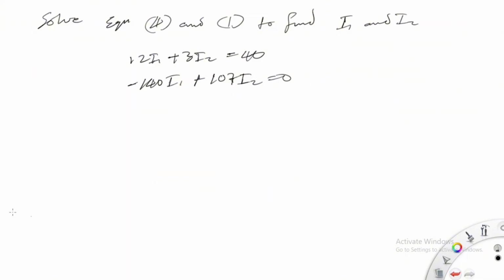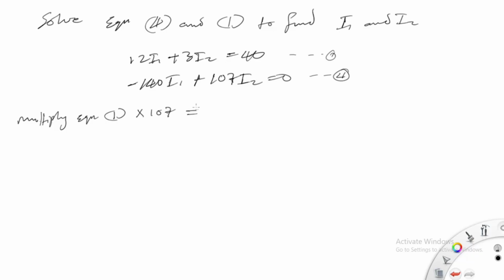So let's say multiply. This is equation 1. Remember, this is equation 4. Multiply equation 1 by 107 so that we would cancel it out.